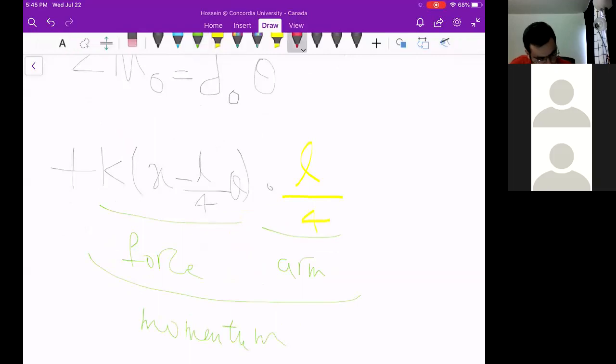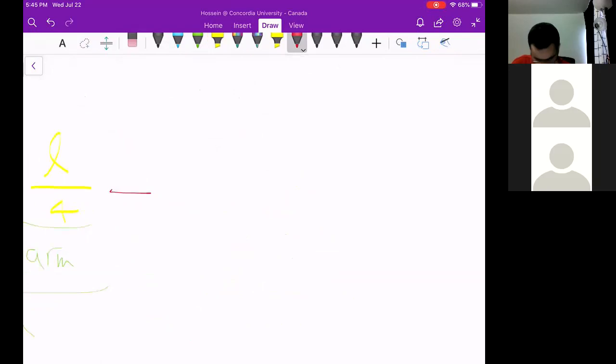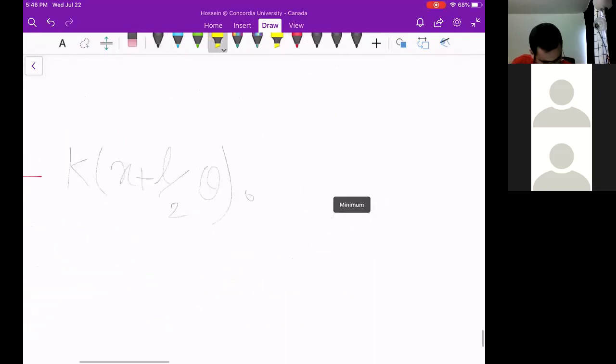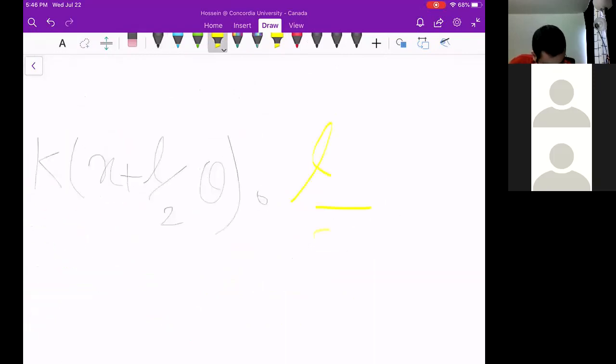However, the right spring will create counterclockwise moment, so minus K times x plus L over 2 theta, multiplied by the related arm, which is L over 2.